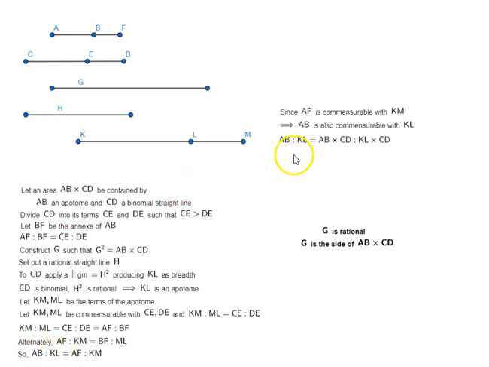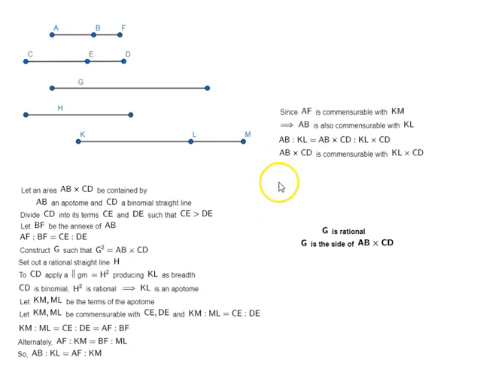So AB is to KL is equal to AB by CD is to KL by CD. Think about this carefully. If we multiply AB and KL by the same thing, then the ratio does not change. That's the way to look at this.